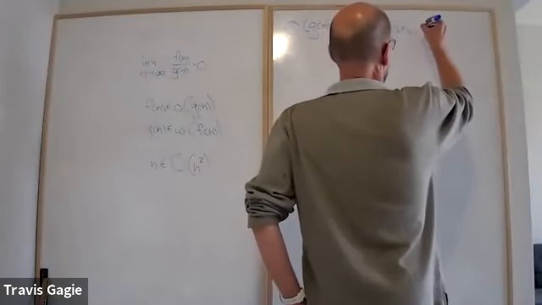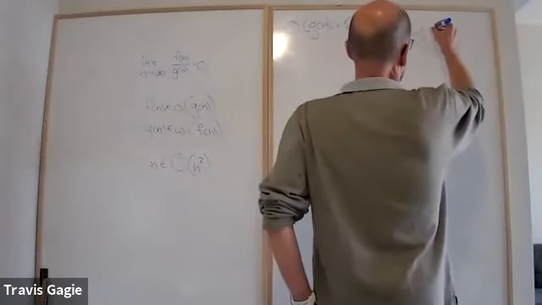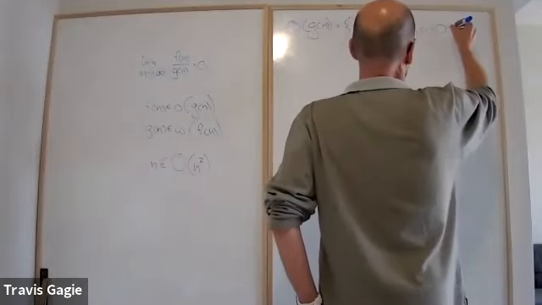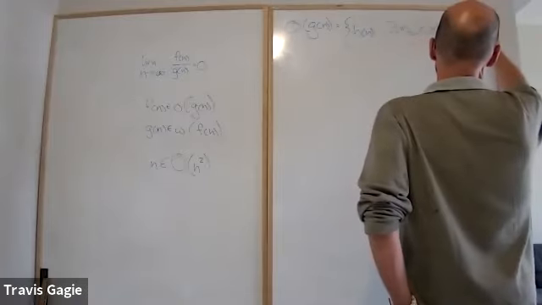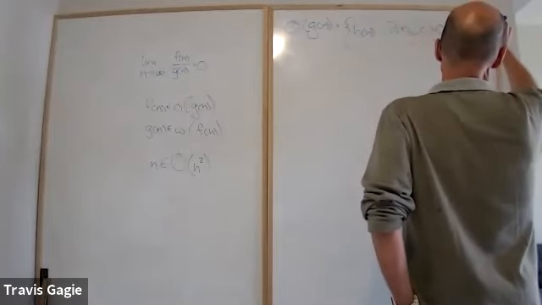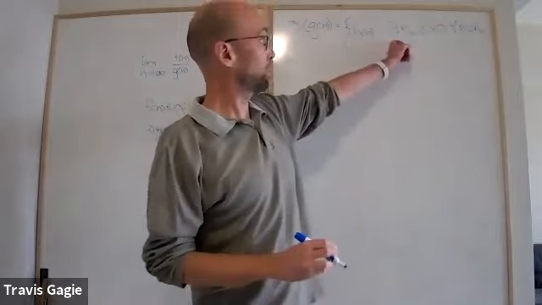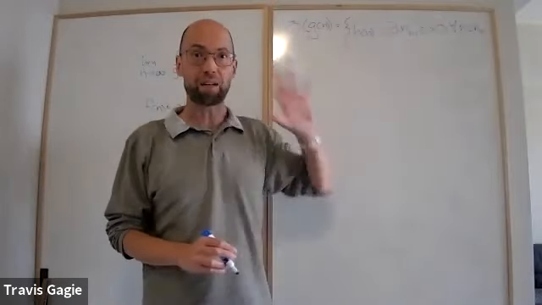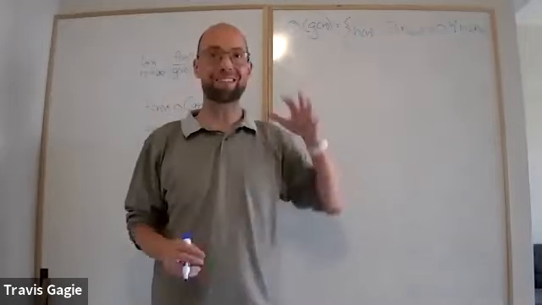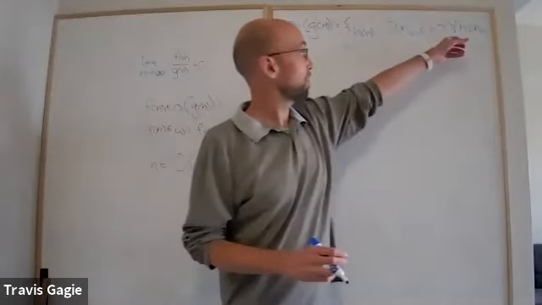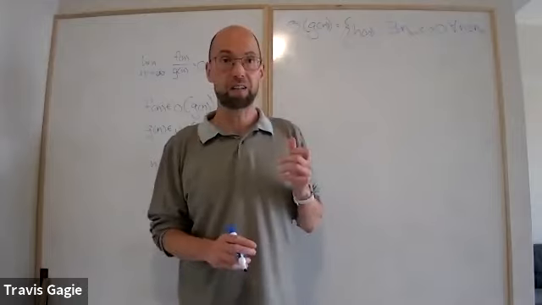So there exists an n0 and a constant c greater than 0, such that for all n greater than or equal to n0. This backwards E means there exists, and in this case there are two things, so there exist. This upside-down A means for all.